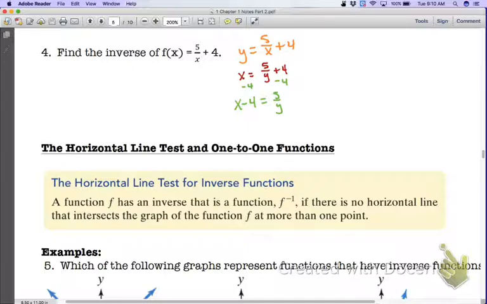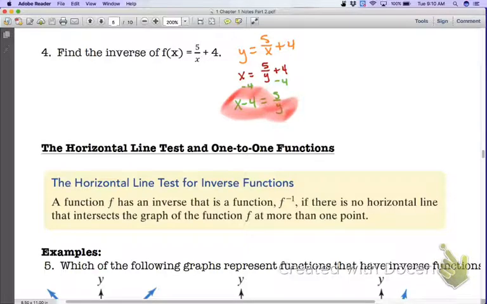Where I have x minus 4 equal to 5 over y, anytime you have a variable in the denominator spot and it's equal to something that's a whole number, I mean it's x minus 4, it's a whole part over on the other side, what I can do is take these two and switch places.